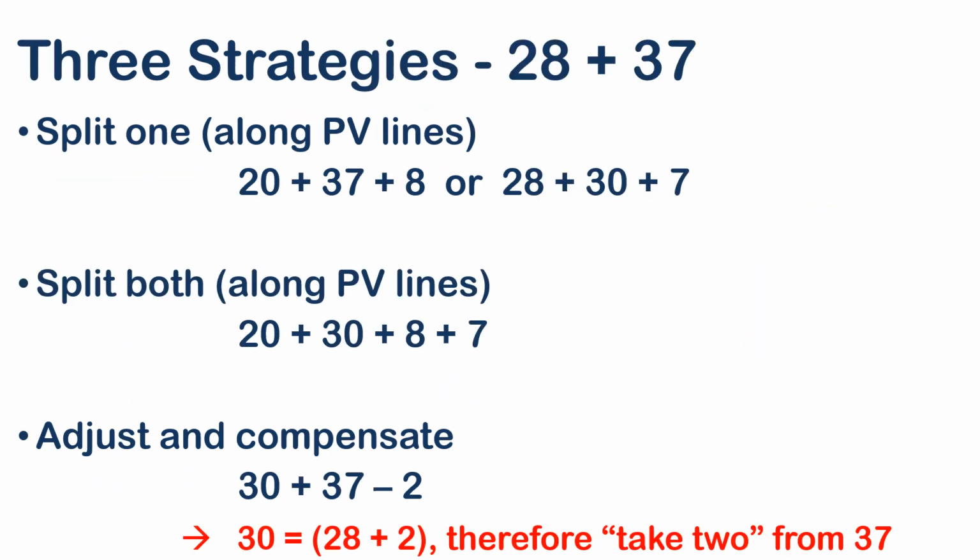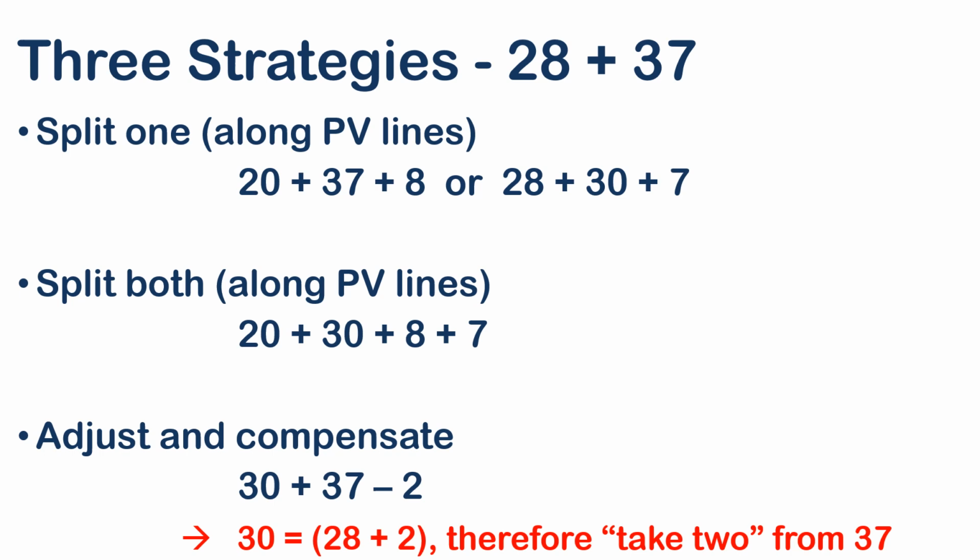Well, here are 3 strategies around 28 plus 37, or in fact, 37 plus 28. We can split along the place value line. So we can split the 28 into 20 plus 8, and then we've got the 37. Or we can split the 37 into 30 plus 7, and then we've got 28 plus 30.